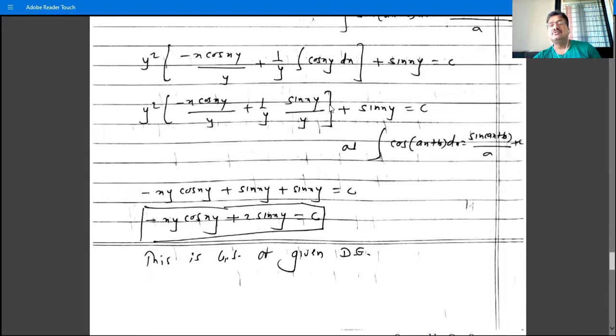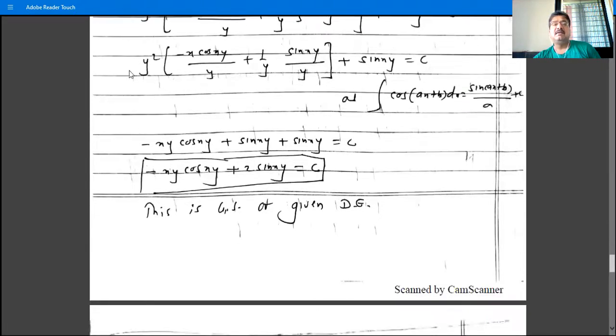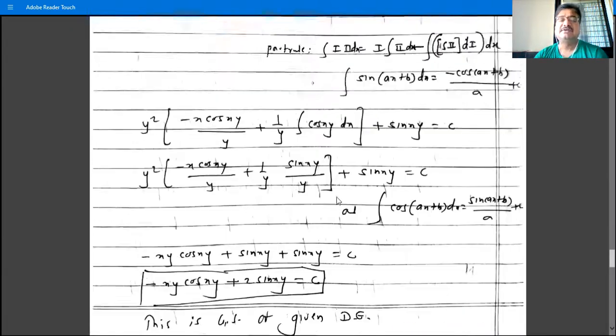By using this rule, we have sin(yx) divided by y, and then multiply by this y squared in the bracket. This y squared gets cancelled. So sin(xy) plus sin(xy) become 2 times sin(xy), and minus xy cos(xy) plus 2 sin(xy) is equal to constant. This is the general solution of the given differential equation.